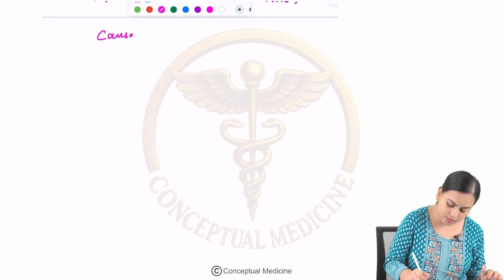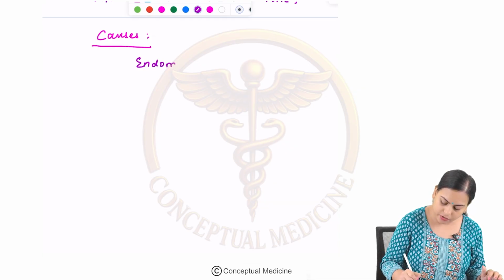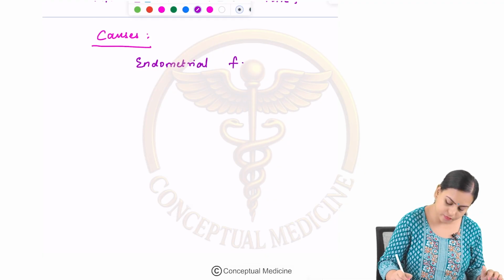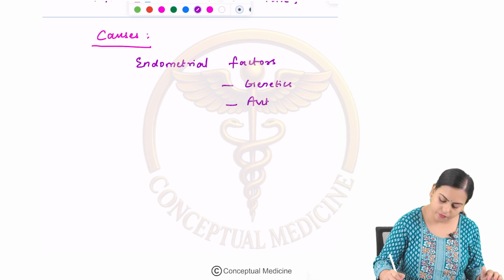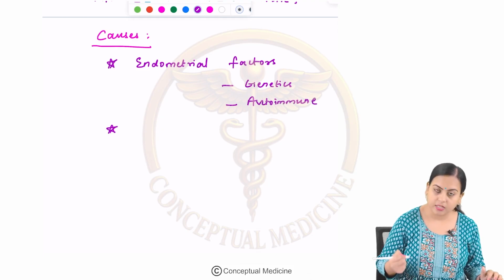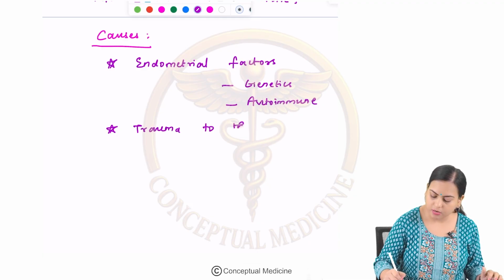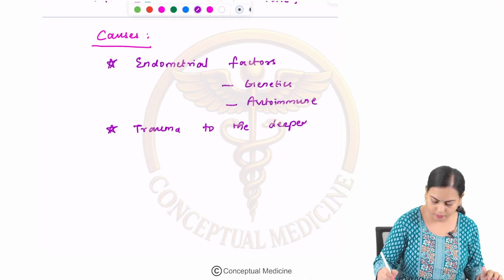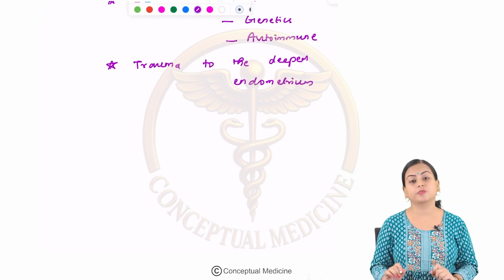Causes may include endometrial factors that can happen due to genetics or autoimmune conditions, or there can be trauma to the deeper endometrium. In what condition can this trauma to the deeper endometrium happen?